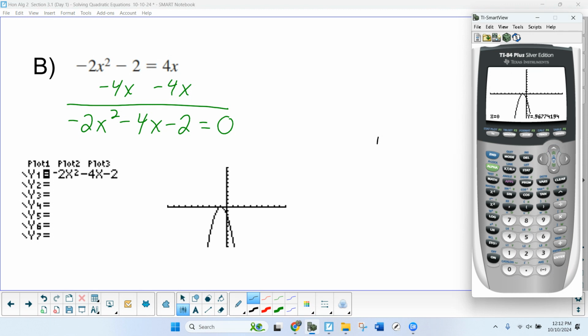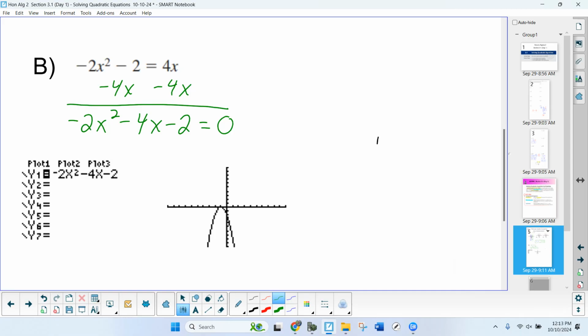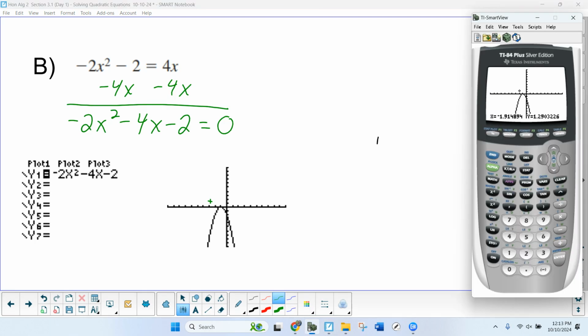When I do, I'm going to start moving this cursor around. You have a floating cursor, and I'm going to put that cursor in one corner of where I want my new window to be. Once I get it there, I'm going to hit enter. Now I'm going to come down and over.